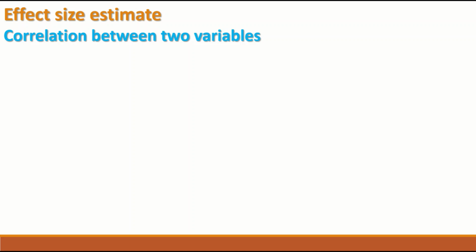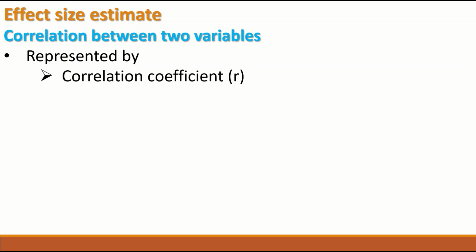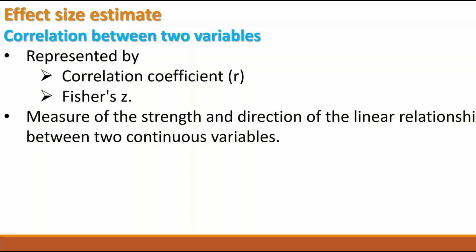Then we discussed the odds ratio for binary outcomes, and now for continuous variables, looking at a correlation between two variables, which can be represented by the Pearson correlation coefficient, or a standardized one, which is Fisher's Z. The r will measure the strength and the direction of a linear relationship between two continuous variables. So the Pearson correlation coefficient r is the effect size estimate, indicating the direction, magnitude and strength of this linear relationship.